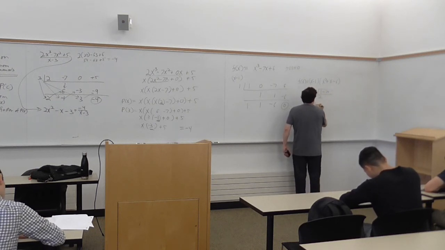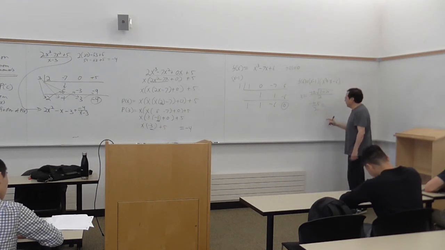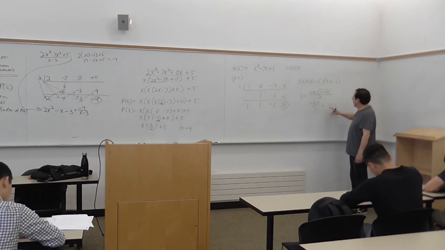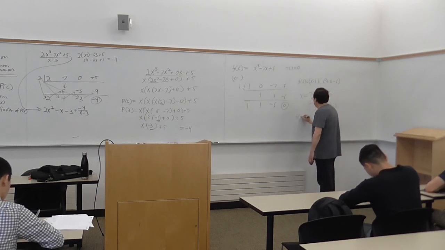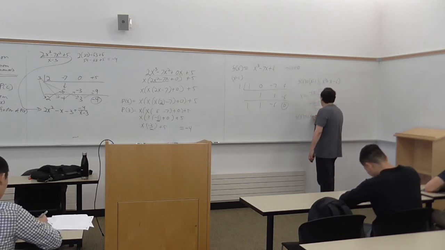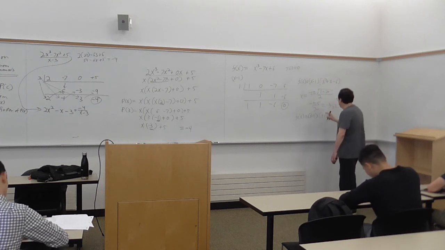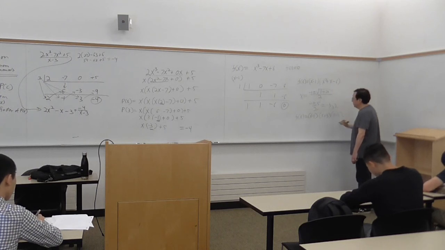So negative 1 plus or minus the square root of 25, which is 5, over 2. So negative 6 over 2 is negative 3, and 4 over 2 is 2. Ah, so my roots, my zeros are negative 3 and 2. So now I know that f of x will be x minus 1, x plus 3, x minus 2.